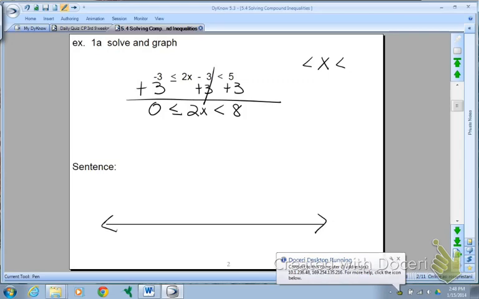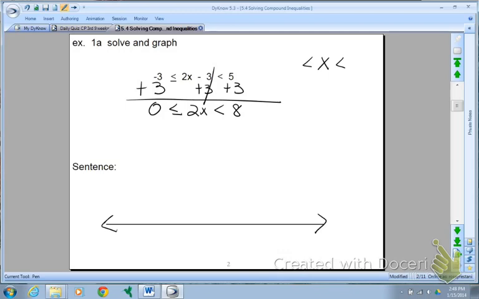Now our goal is to get x by itself. Again, if we just had 2x is less than 8, what would we do? Divide by 2. So we treat it the same way and divide by 2. Now what is 0 divided by anything, class? 0.